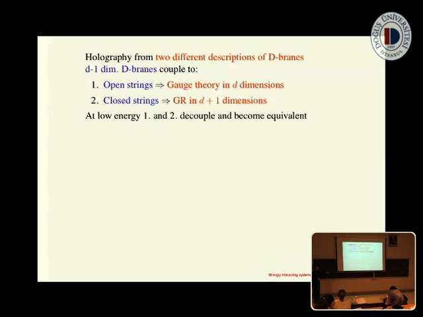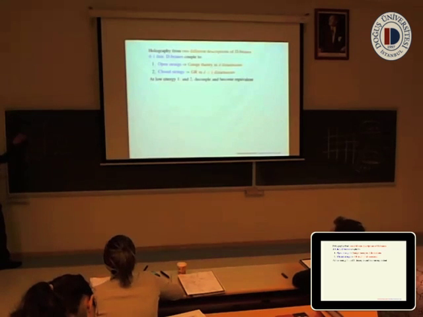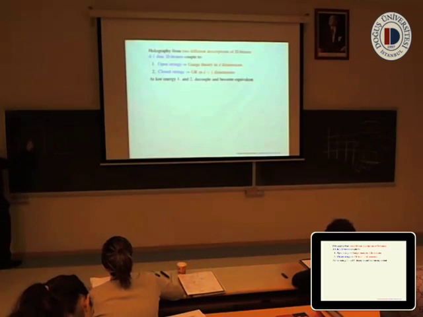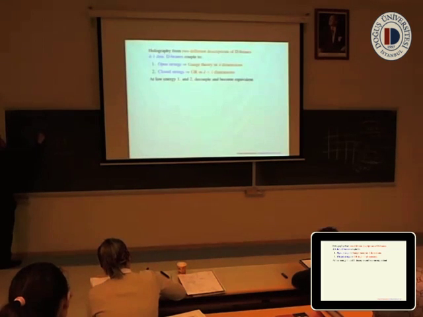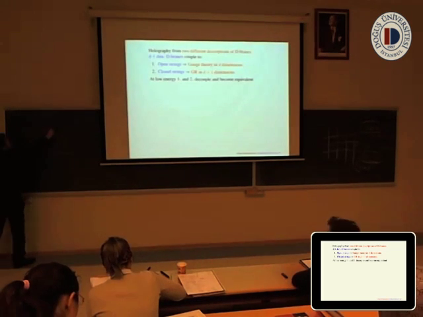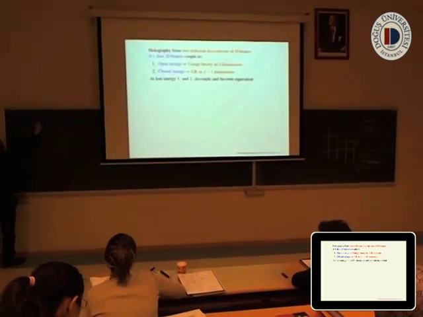I'm not going to show it here, but you can show that this can be described in terms of a gauge theory, a d-dimensional gauge theory. So this open string description is a gauge theory living on these D-branes, and usually it's an SU(N) gauge theory if you have N D-branes on top of each other.